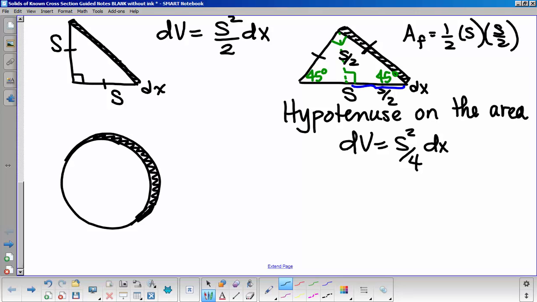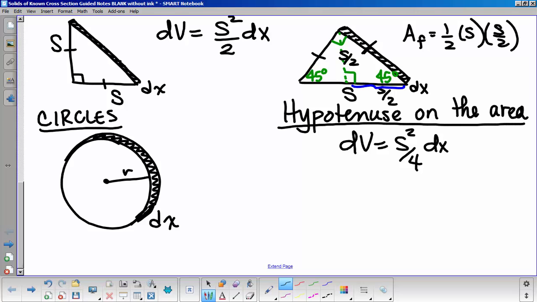So this is going to be a dx here, and the area of the face is clearly pi r squared. So this is a circle. One slice of this volume is going to be pi r squared dx, but we've been doing that already with our revolutions, right?